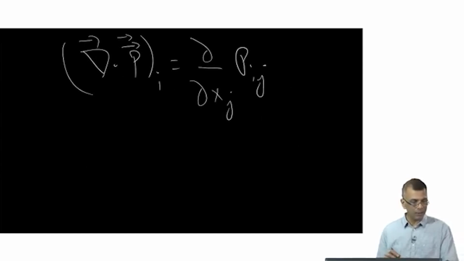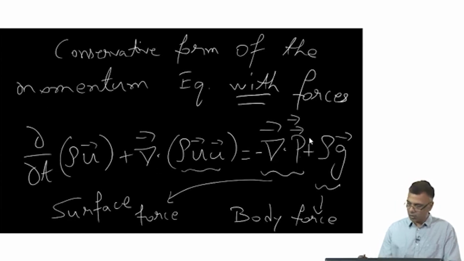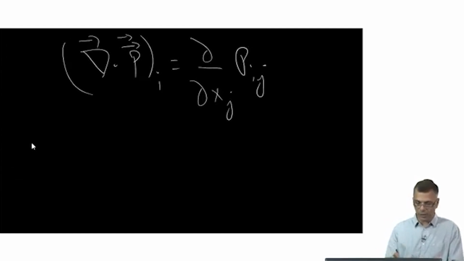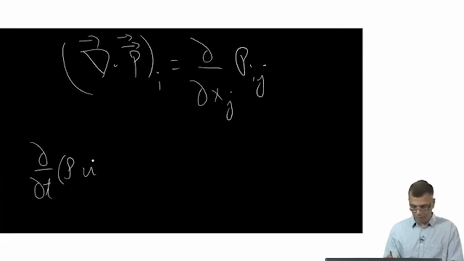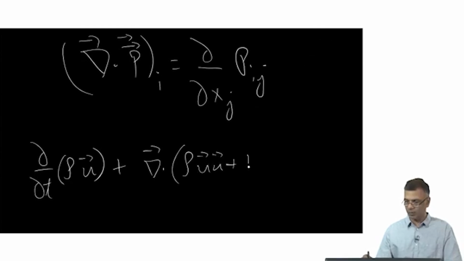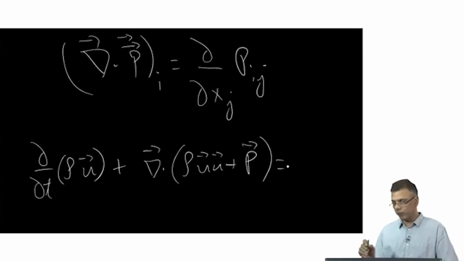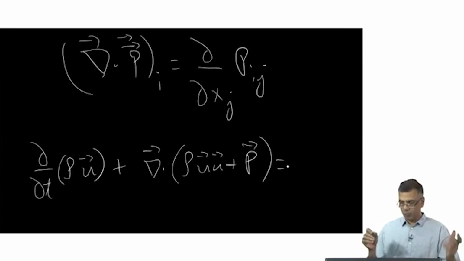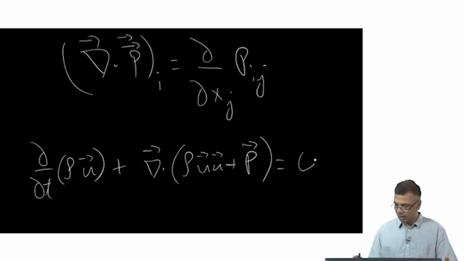You can actually absorb this term in here, so that you can write the momentum equation finally as the time derivative of the momentum density plus divergence of the quantity we already had plus P equals, if I want to include the body forces, I can include it, but for the time being, if we neglect the body forces, I can write this as 0.